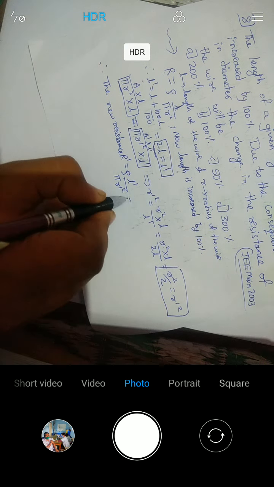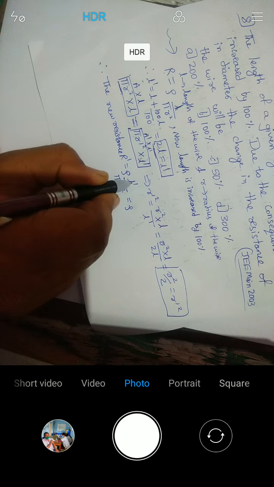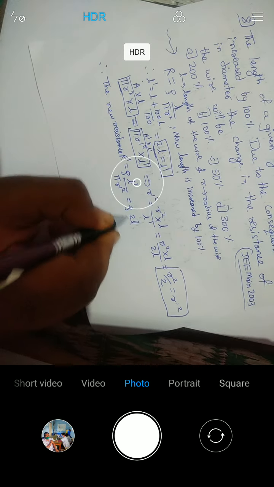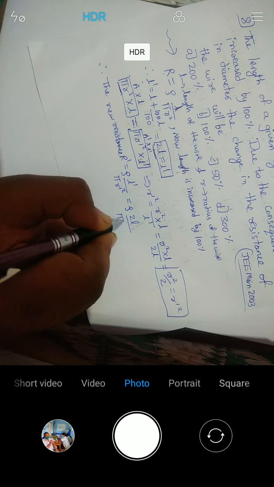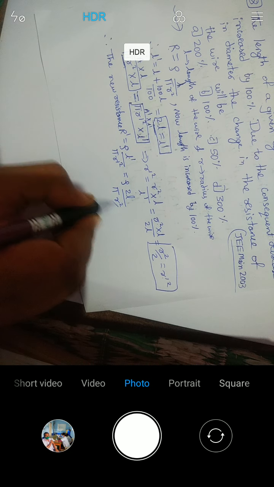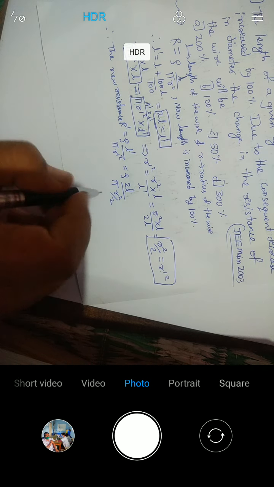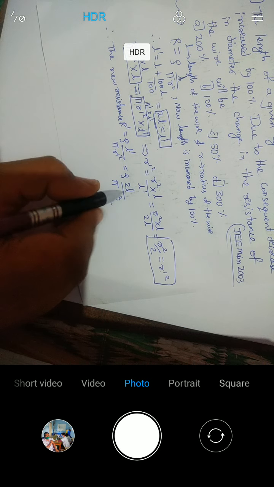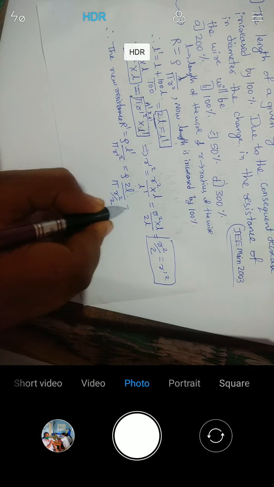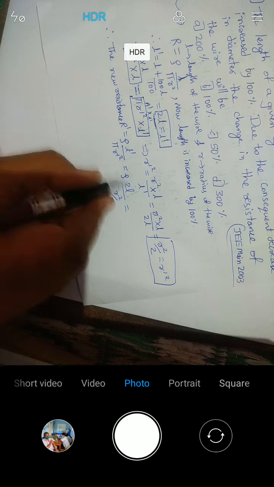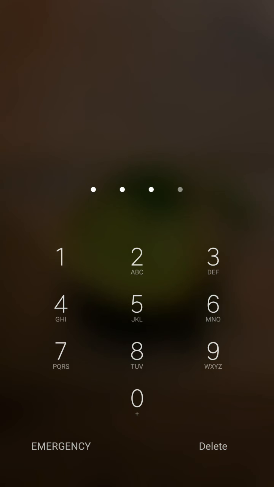I will write rho L dash as 2L divided by pi r dash square as r square by 2. So rho gets cancelled, pi gets cancelled, and the remaining term is only 4r.